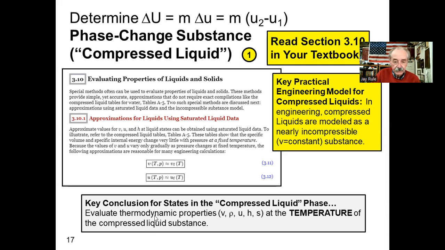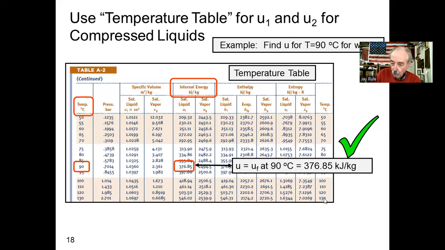I think I've got another illustration here. So for example, you've got a homework problem or a test problem or a quiz problem, and the temperature of that H2O is 90 degrees C. What's the internal energy for compressed liquid water at 90 degrees C?